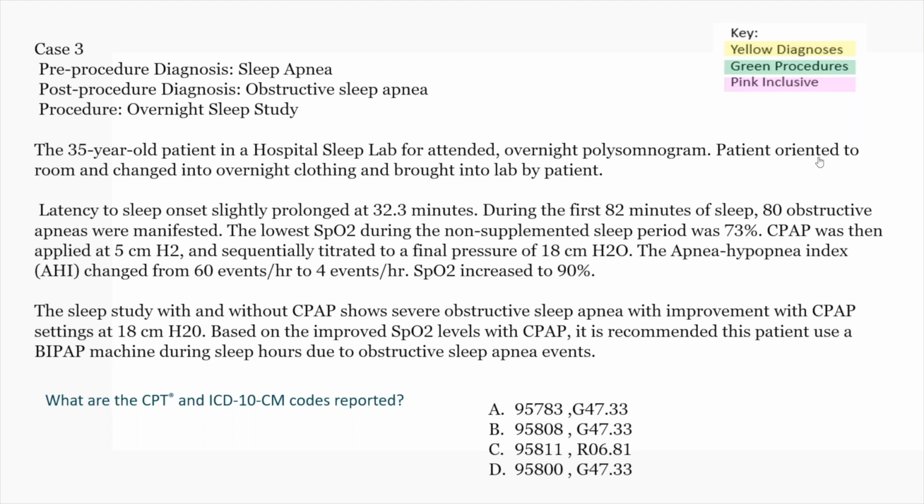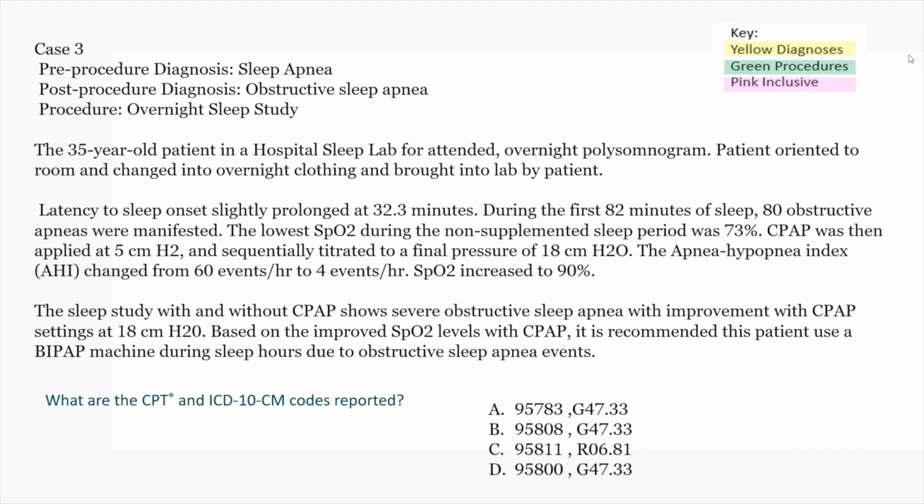CPAP was then applied at 7 centimeters H2O and sequentially titrated to a final pressure of 18 centimeters H2O. The apnea-hypopnea index, AHI, changed from 60 events per hour to 4 events per hour. SpO2 increased to 90%.